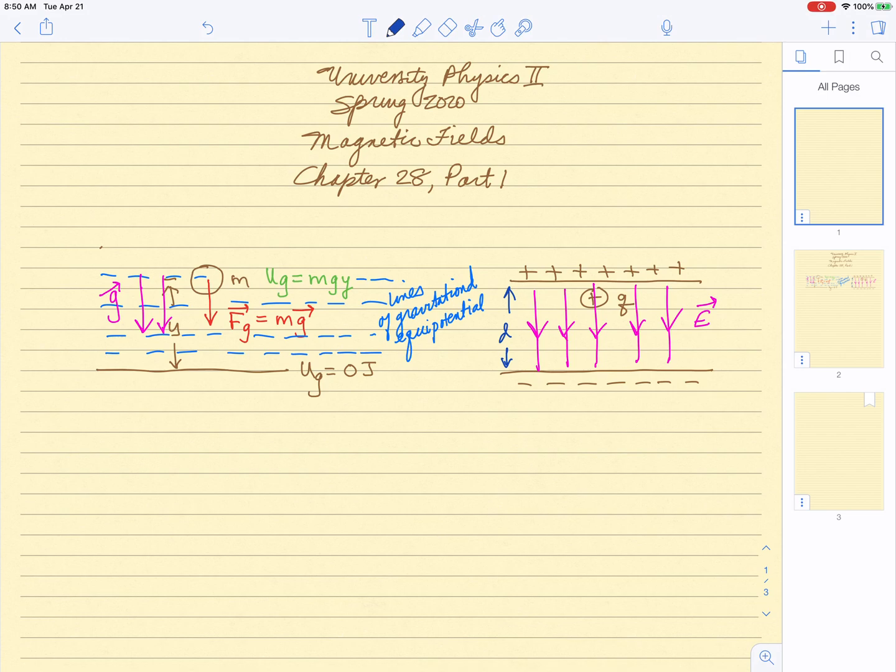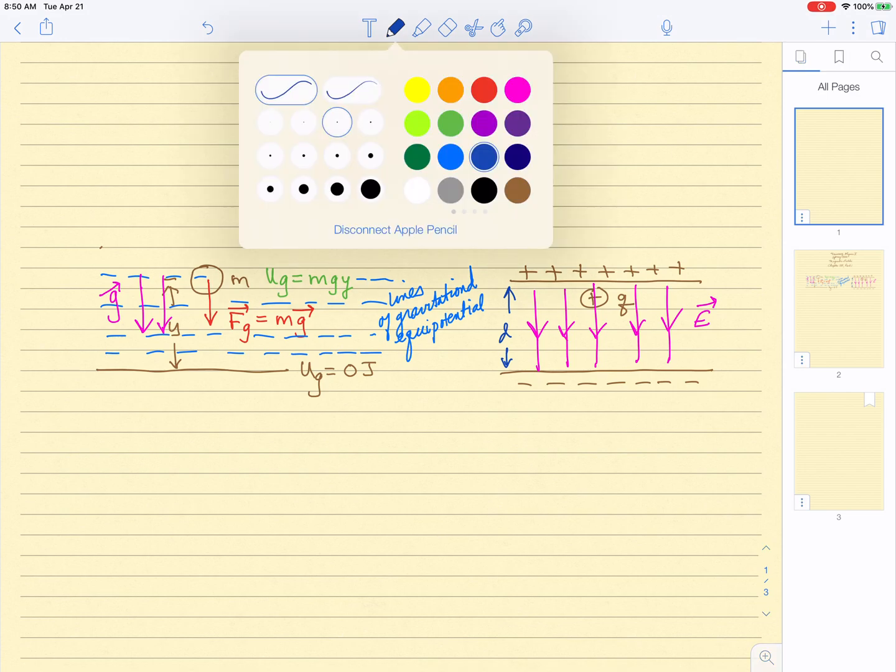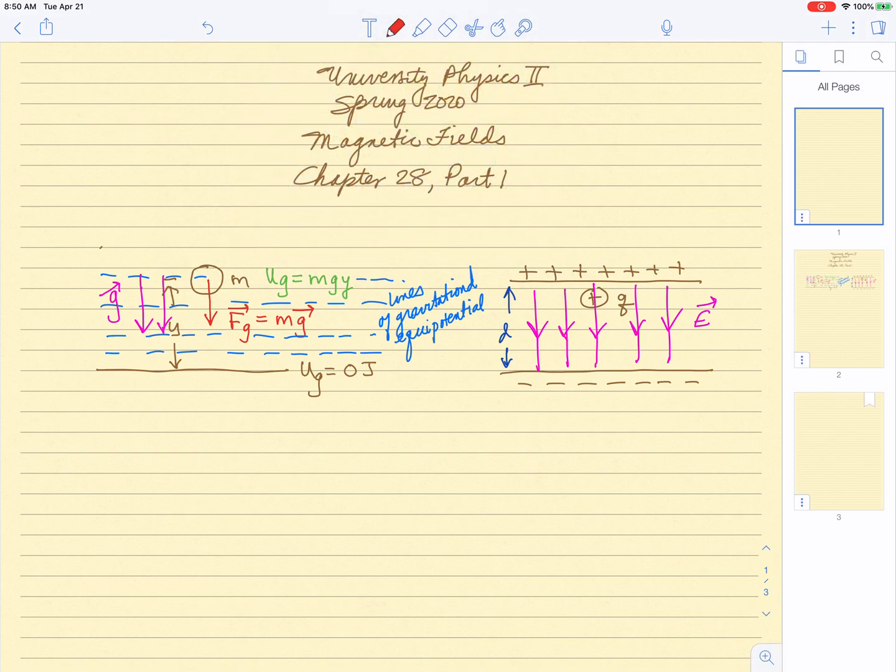Okay, and so we know that there is an electrical force on that charge, which is going to be given by Q times E. We know that there are lines of equipotential, electrical equipotential, and again, this is mathematically identical to the gravitational problem.